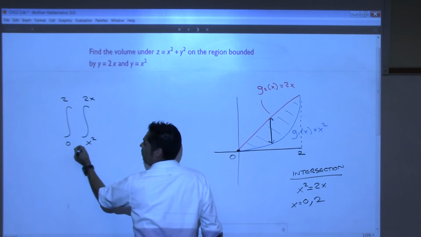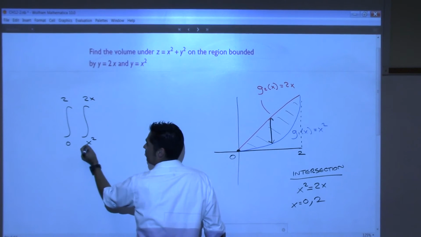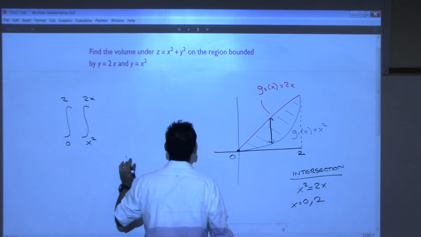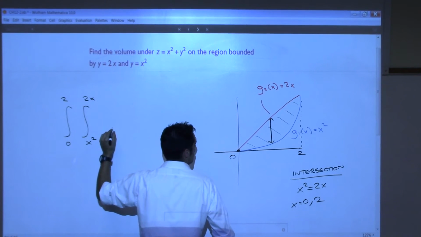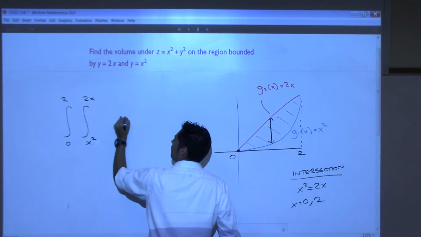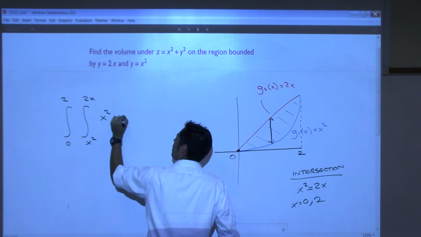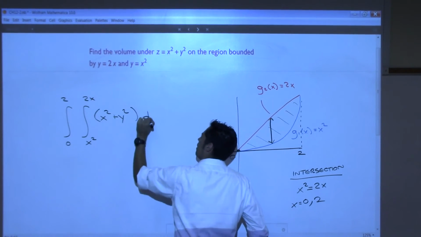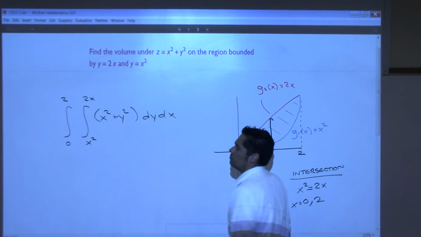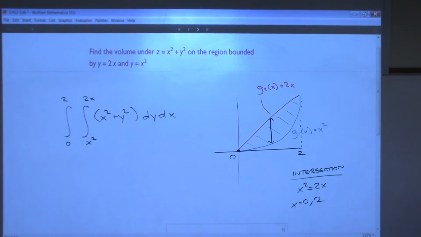You can even put y equals if you want, y equals x squared, y equals 2x, but I usually don't. The book doesn't either. What are we integrating? Yeah, that's our order. x squared plus y squared, and then dy dx. That's it.